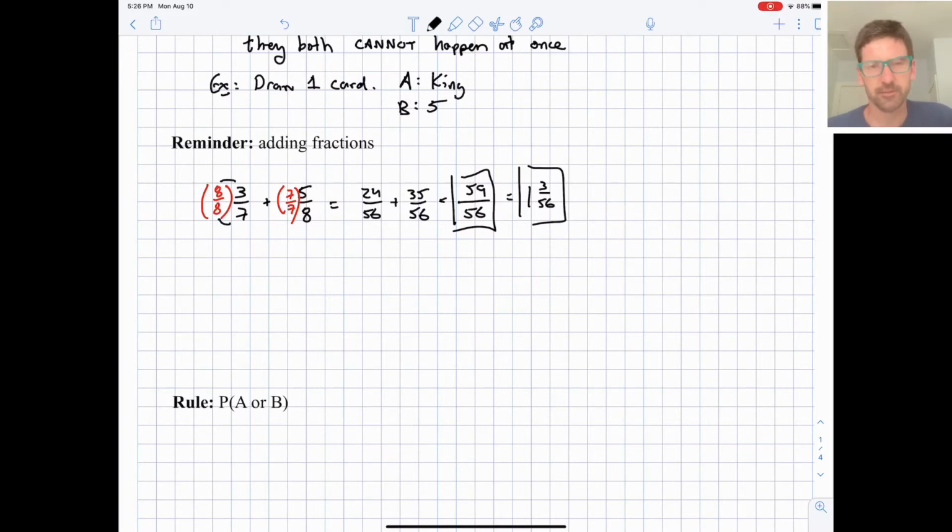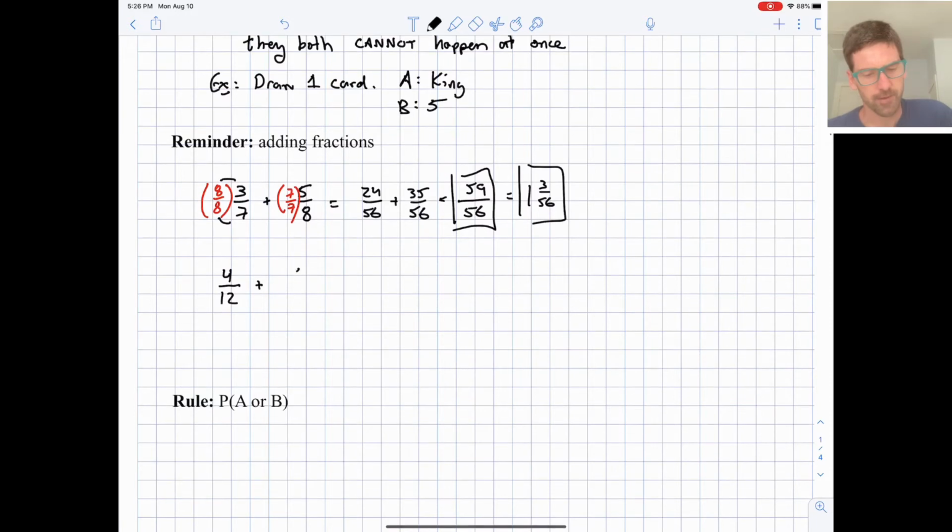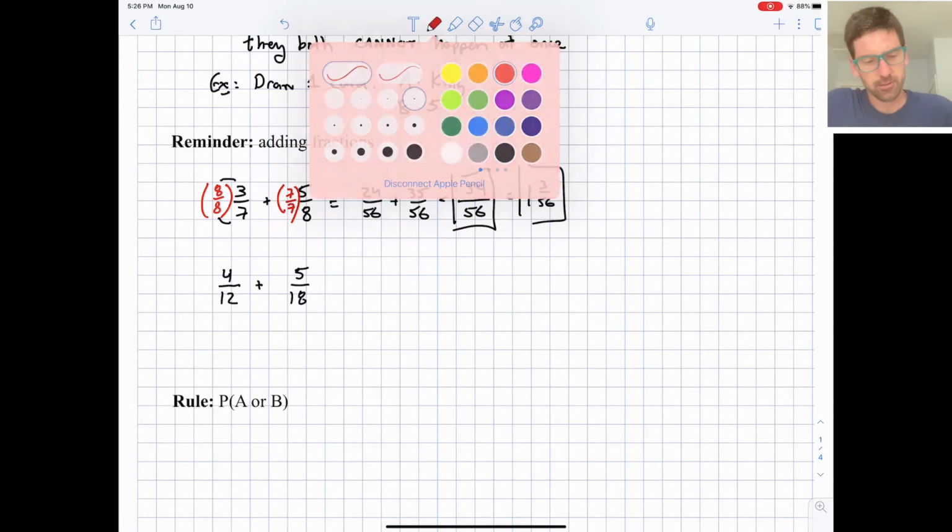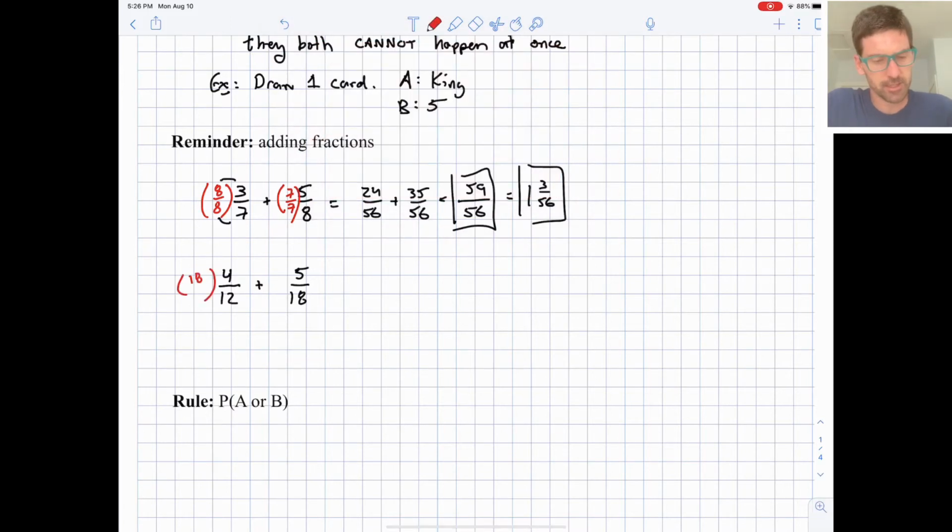Let me see if I can come up with another one here. Let's say we have 4/12 plus 5/18. In this case, we could multiply by 18 over 18 and multiply by 12 over 12, guaranteed to get common denominators.